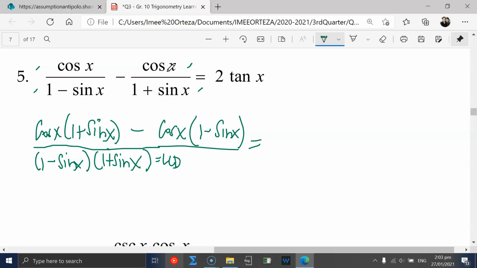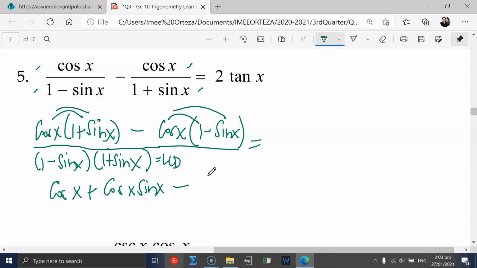We're trying to show that this is equal to the right side. Now distribute the monomial to each binomial. So you have cosine x plus cosine x times sine x. That's the first. And then minus.